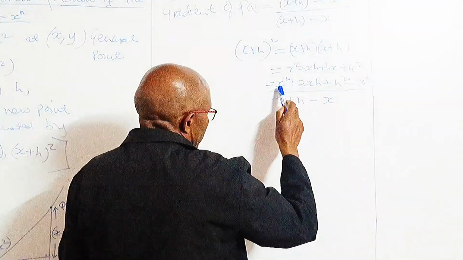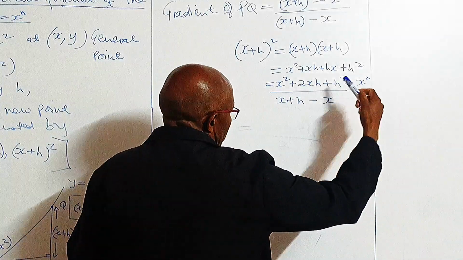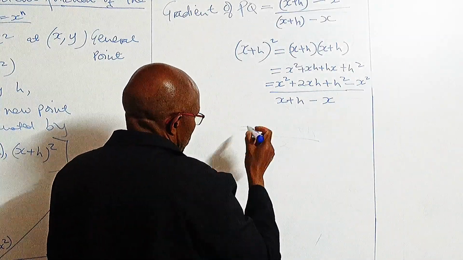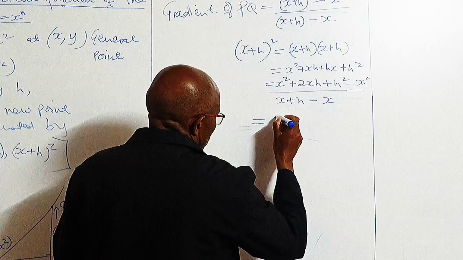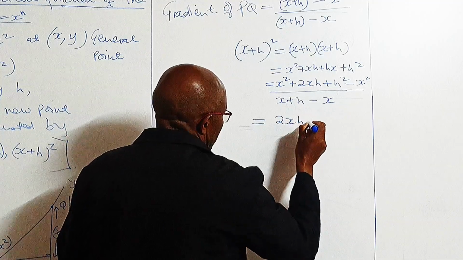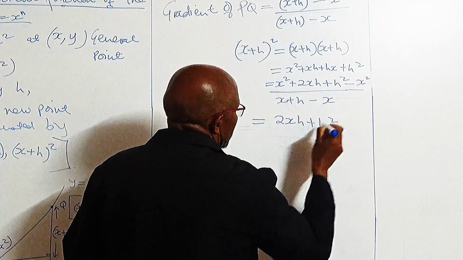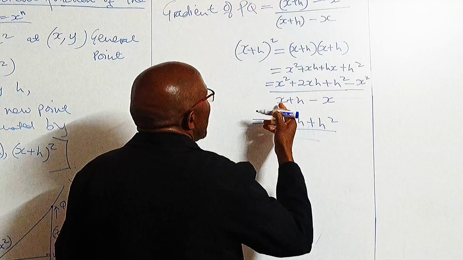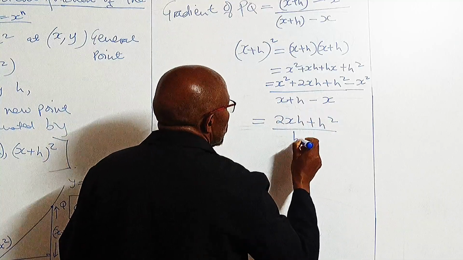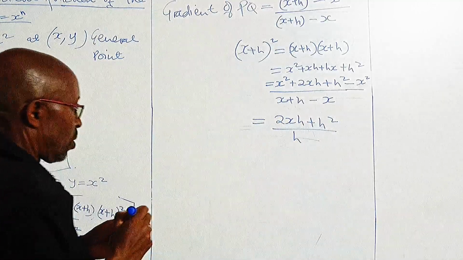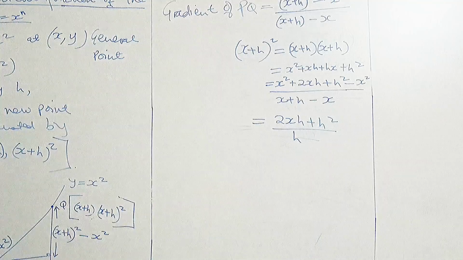Simplifying, x squared minus x squared is 0. So we have 2xh plus h squared all over x minus x, which is h.